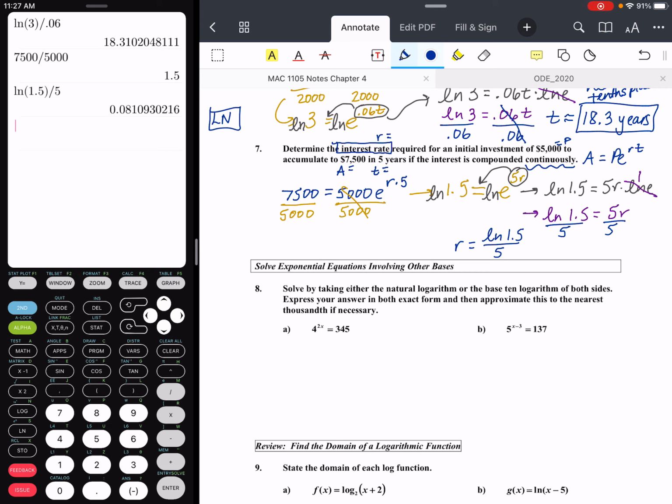And let's say we want to round to the nearest tenth of a percent. So 0.081 is 8.1%. Moving that decimal place 2 to the right. So the nearest tenth of a percent there.